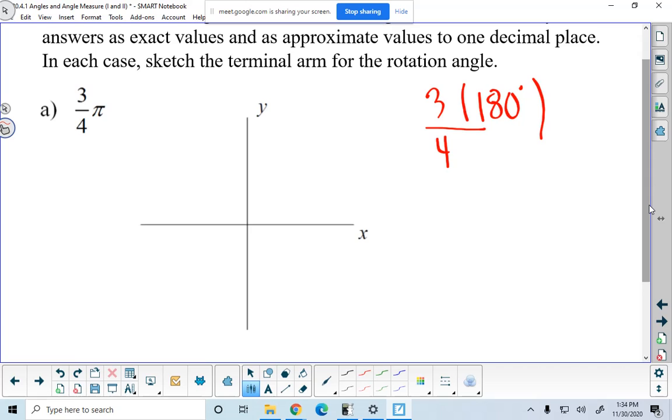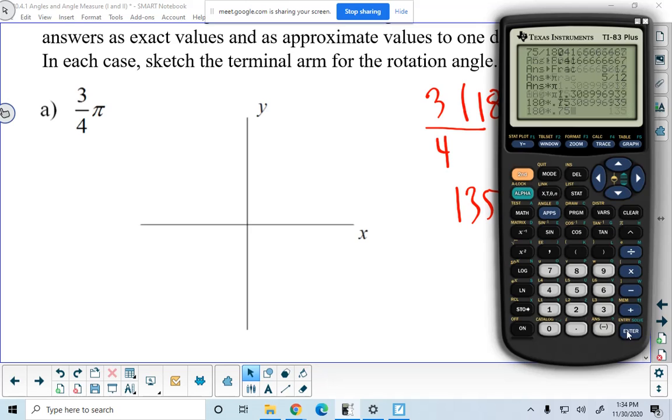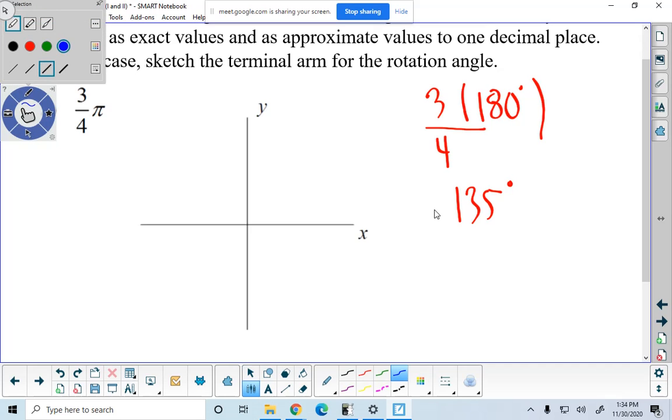It's 135 degrees. I'd better just check. Okay, 135 degrees. I will tell everybody right now that for me, it's easier and quicker to locate 3 pi over 4 than it is to locate 135, even though they're the same number.